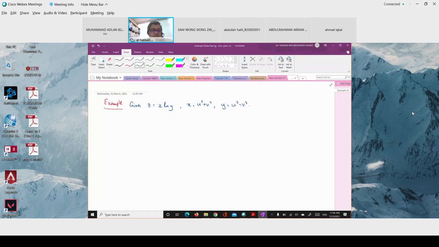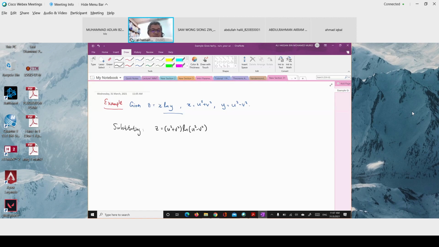So y is also a function of u and v. So z as a whole is a function of u and v. Substituting, we get z equal to (u squared plus v squared) ln(u squared minus v squared).